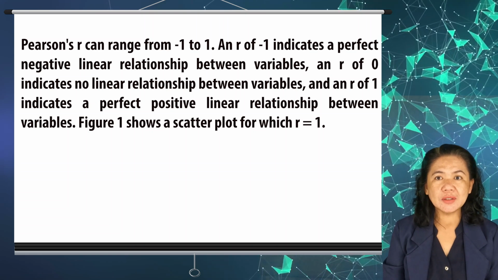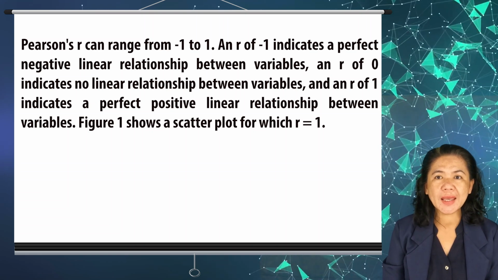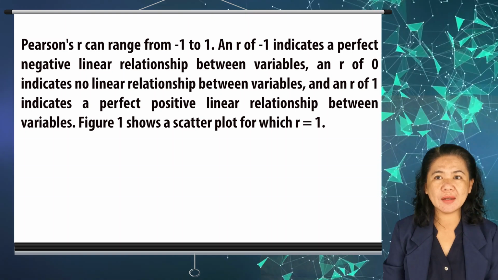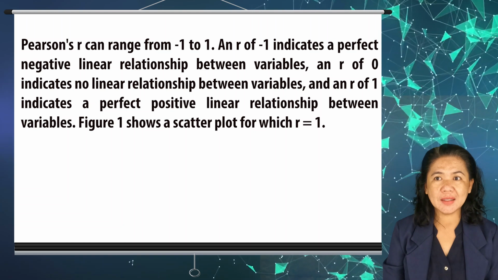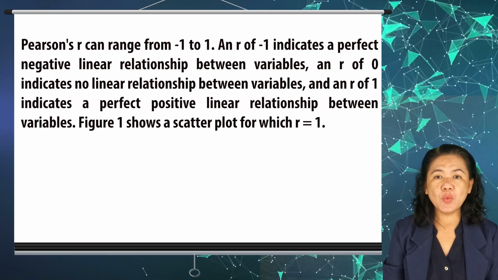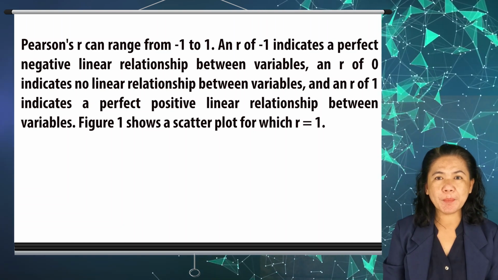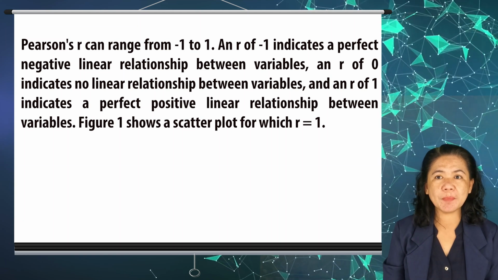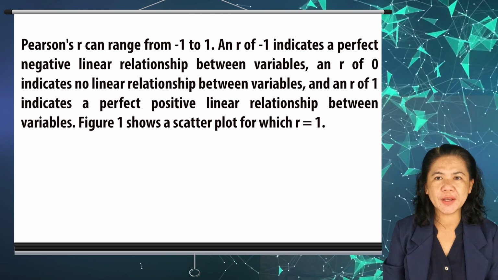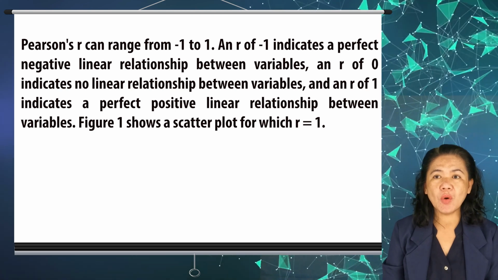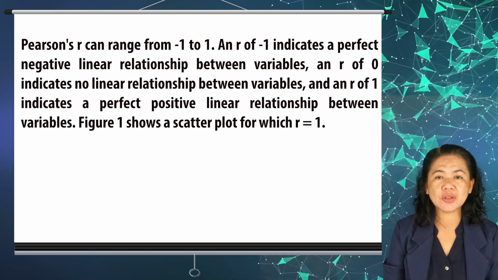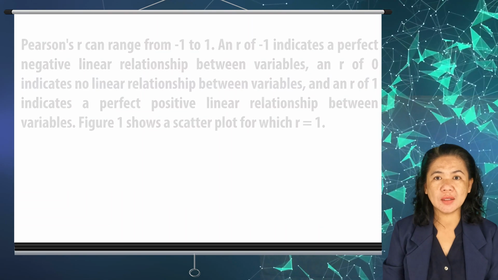An r of 0 indicates no linear relationship between variables, and an r of 1 indicates a perfect positive linear relationship between variables. Figure 1 shows a scatter plot for which r is equal to 1.